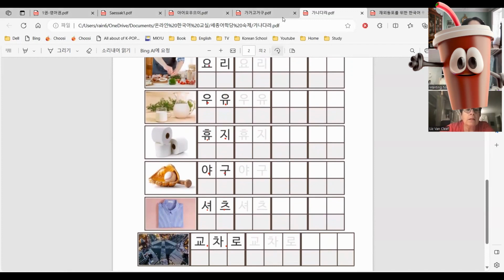And this one is 교차로. 교차로 is crossroad. You know, all roads, the crossroad, that's 교차로.